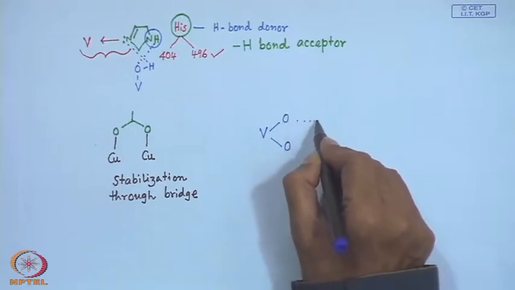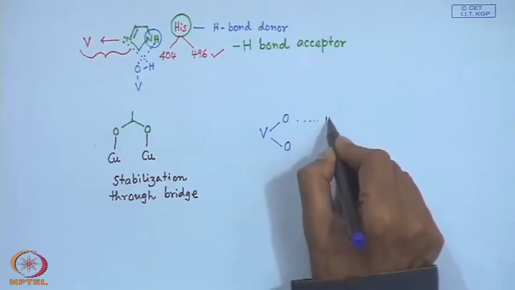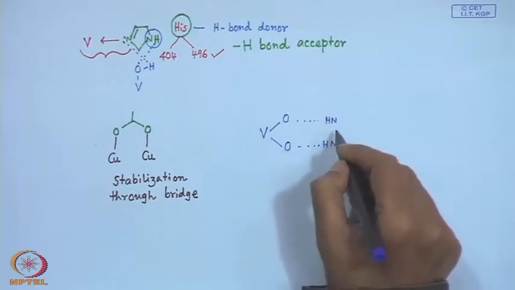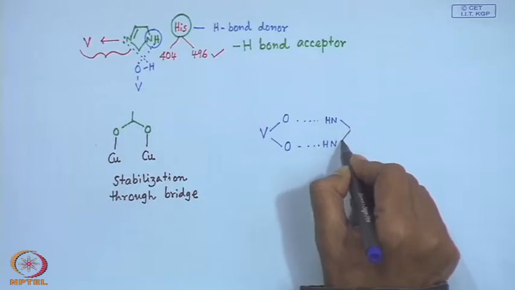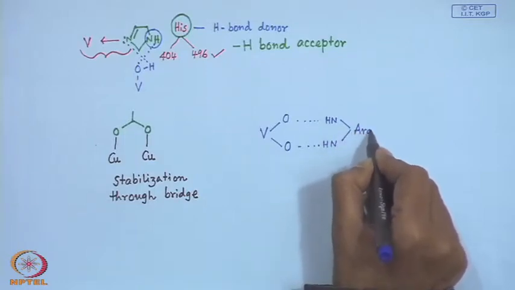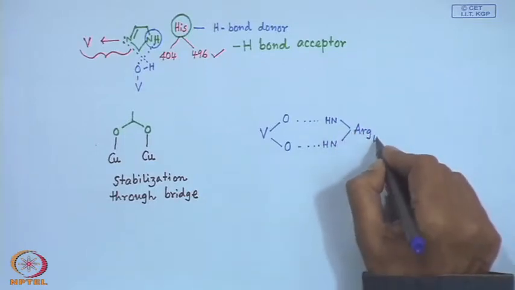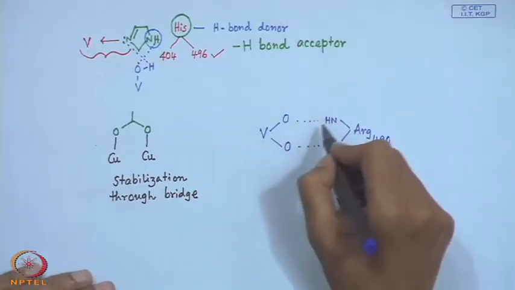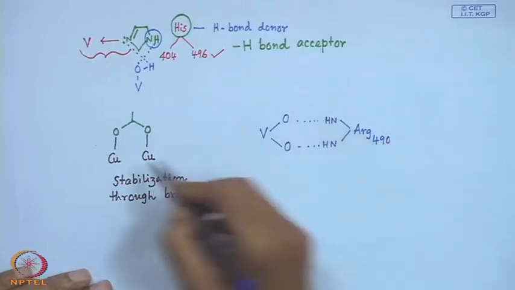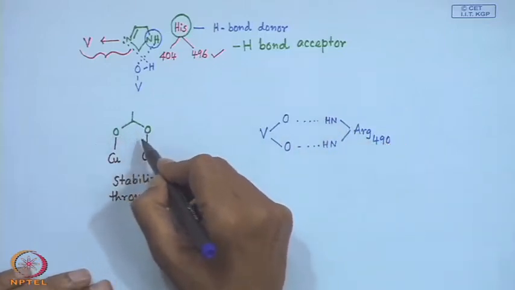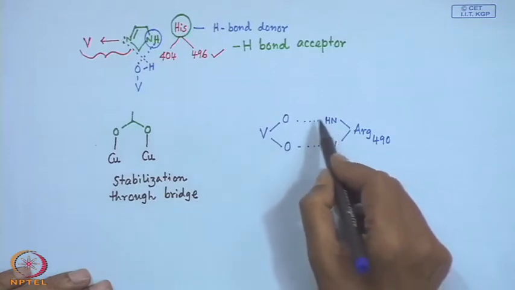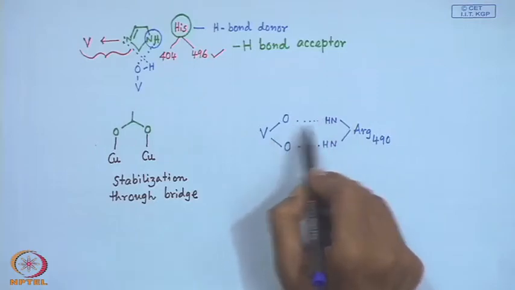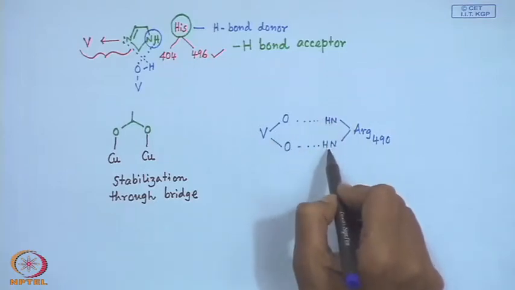It can stabilize with this NH unit of arginine 490. So, if we have a rigid backbone on the arginine unit, very similar to the bridging unit of the acetate group, then this particular entity is getting stabilized through hydrogen bonding interactions with these NH functions.